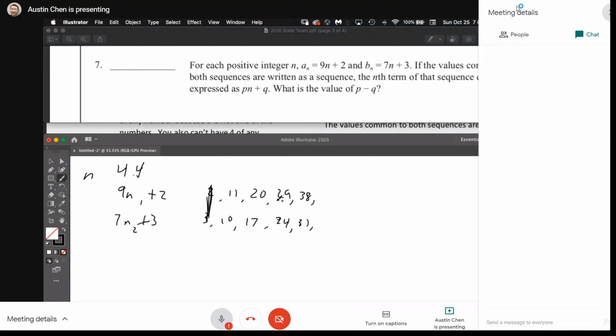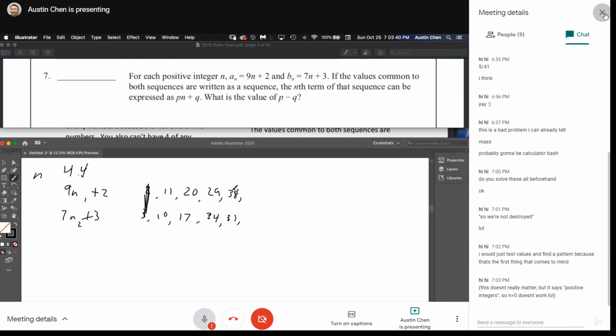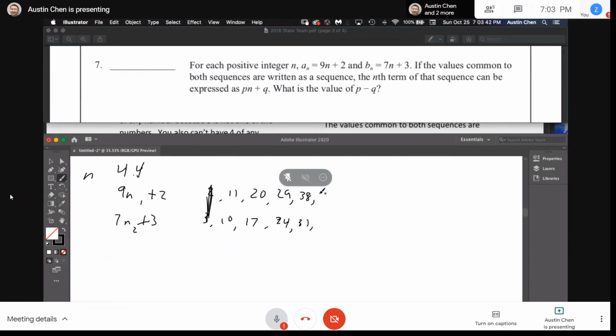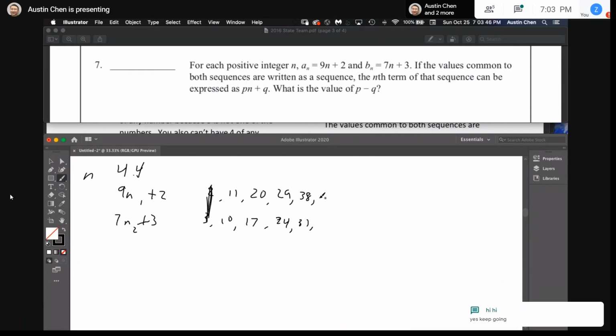Should we keep listing them out, or what do you want to do? Okay, we'll keep going. Oh, and you have calculators, right? You could probably make a function on your TI to just list them all out.